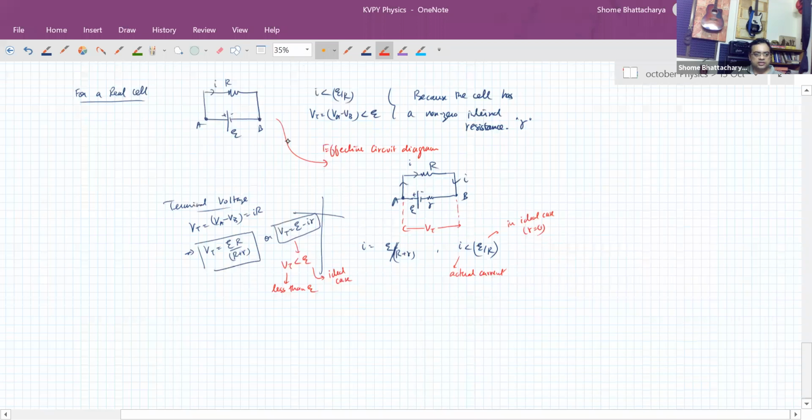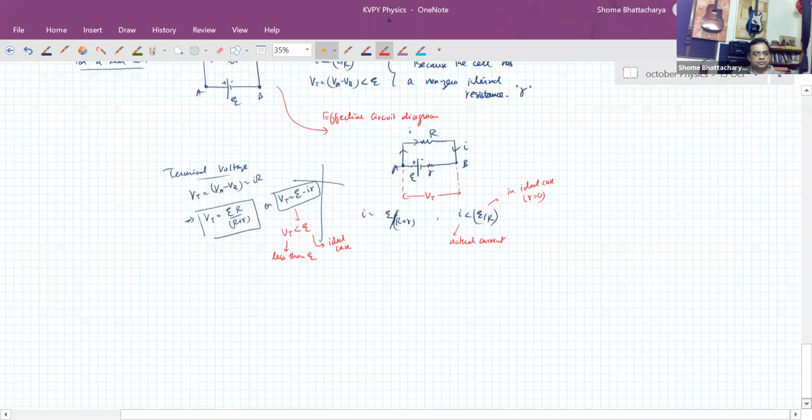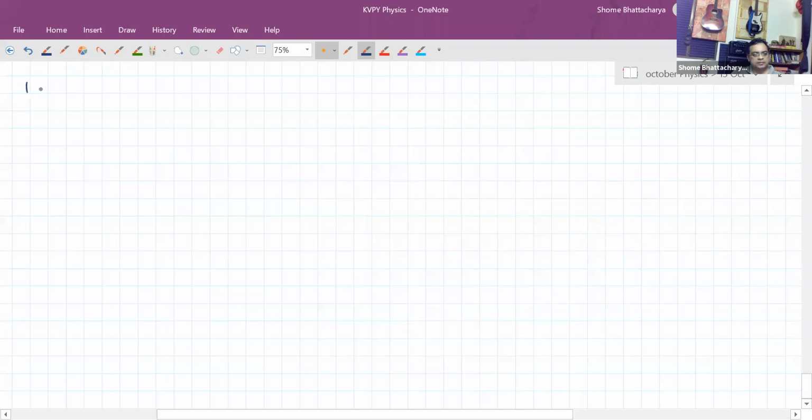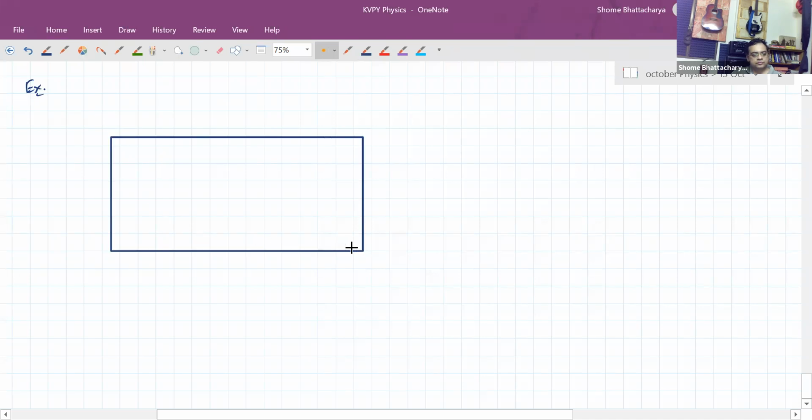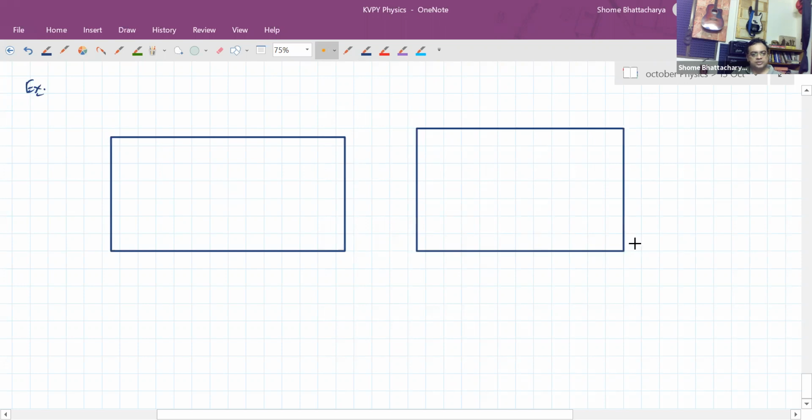Okay, so let's understand a typical numerical problem to understand this application. We have the same circuit, but in three different situations.